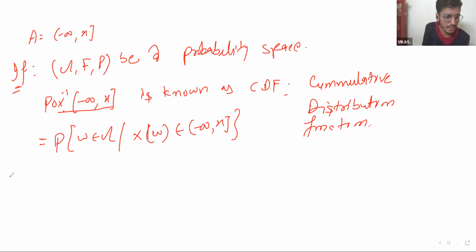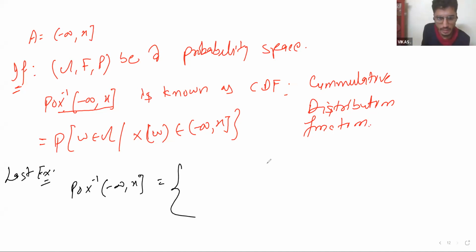If I look at the last example, I hope you remember it. Take P of X inverse of (minus infinity, x]. When x is less than 0, it comes to be 0.